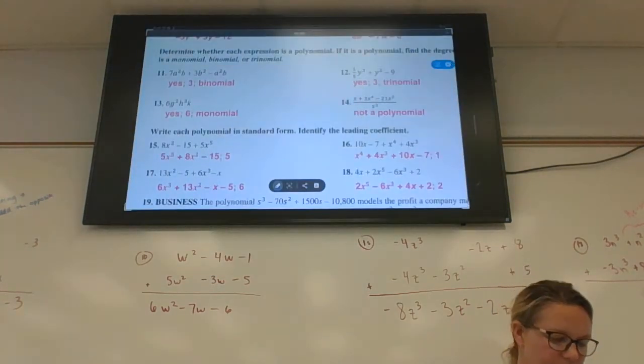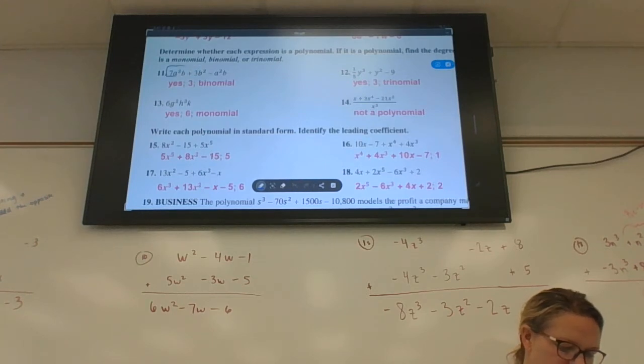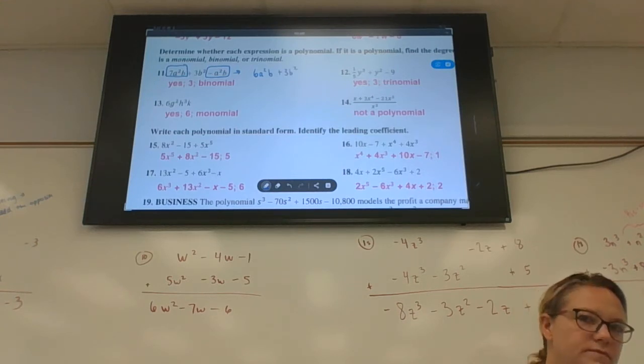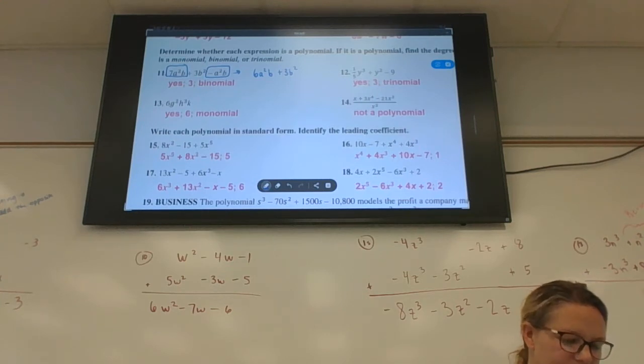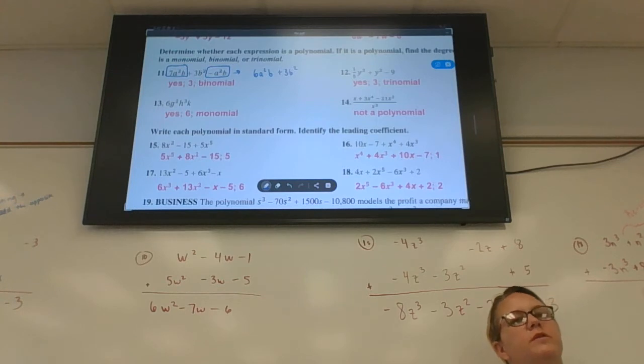Why is it a trinomial? On this one, it's a trick because you can actually combine these, because they're actually like terms. Now it's a binomial after you combine the like terms.